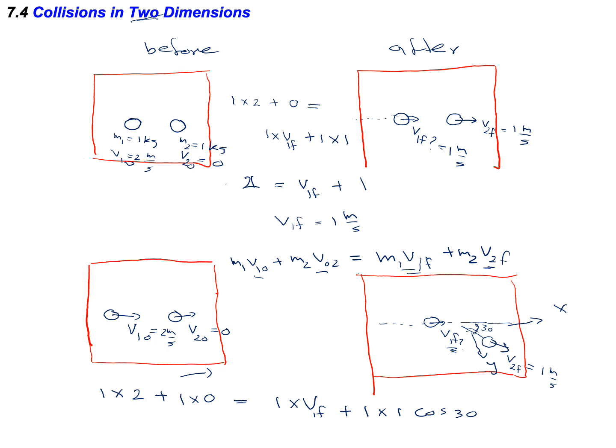Now again we can calculate v1 final after the collision. So make sure when you use two-dimensional motion, you use the velocity along that particular direction.